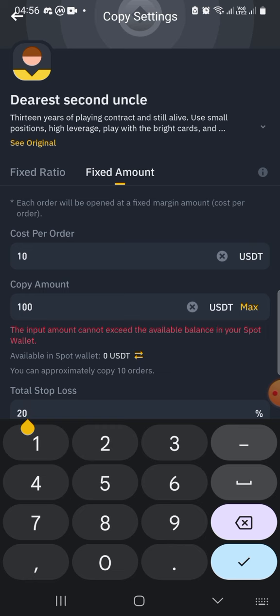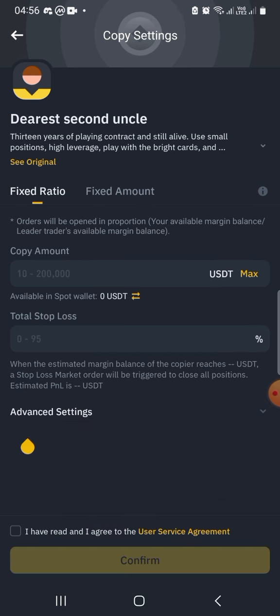So that is it. Now the second is the fixed ratio. The fixed ratio basically is going to open orders in proportion to the trader you are copying. So for example, if the trader you are copying is using maybe 20% of his trading account in that particular trade, it's going to be the same.